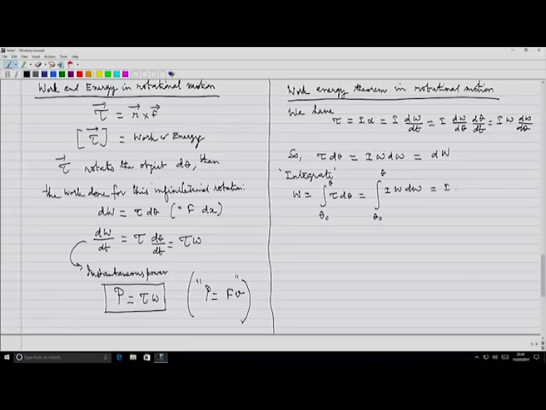The integral of omega d omega is omega squared by 2. So what I will have is I by 2 times omega squared minus omega naught squared. Theta minus theta naught is the change in angular displacement.